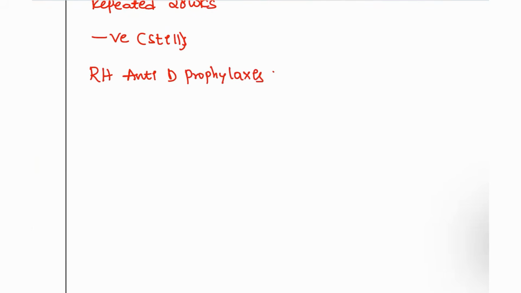And how much is the dosage? 300 micrograms. Delivery should then be done around 39 weeks of gestation. Another point you have to remember is that early cord clamping should be done.